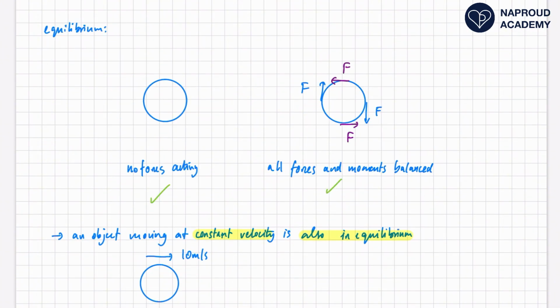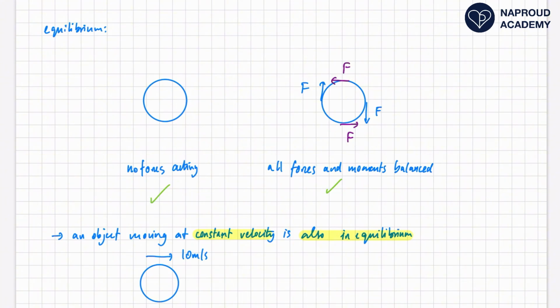We will now look at some examples of systems that are in equilibrium. An object with no forces acting on it will obviously be in equilibrium, as in this diagram here. The system with many forces acting on it, though, is also in equilibrium, with the blue forces cancelling each other out, and then the purple forces cancelling each other out, because they are acting in opposite directions.